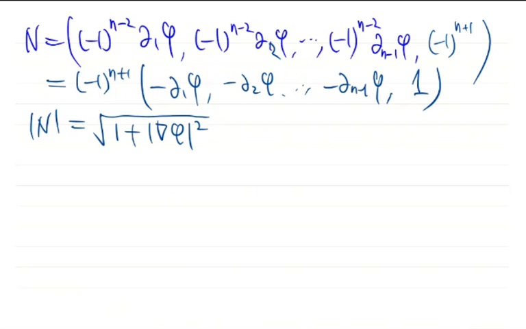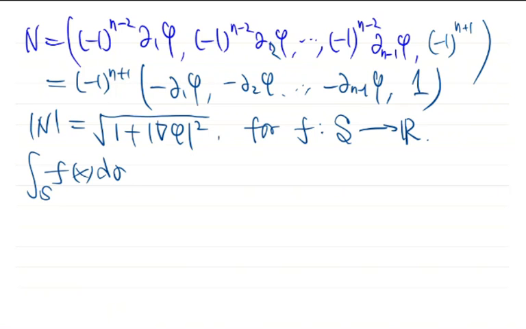Okay, the norm of n is obtained by squaring all the components, summing them up, and then taking a square root. So this is the square root of 1 plus the gradient of phi squared. So for the function f defined over the surface, we need f of x(u).